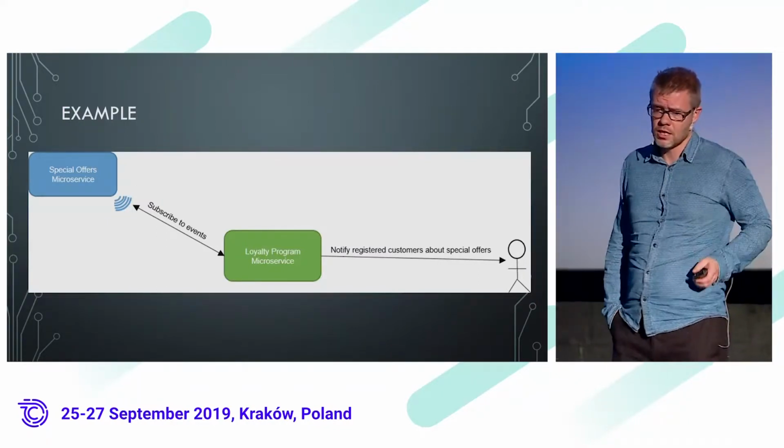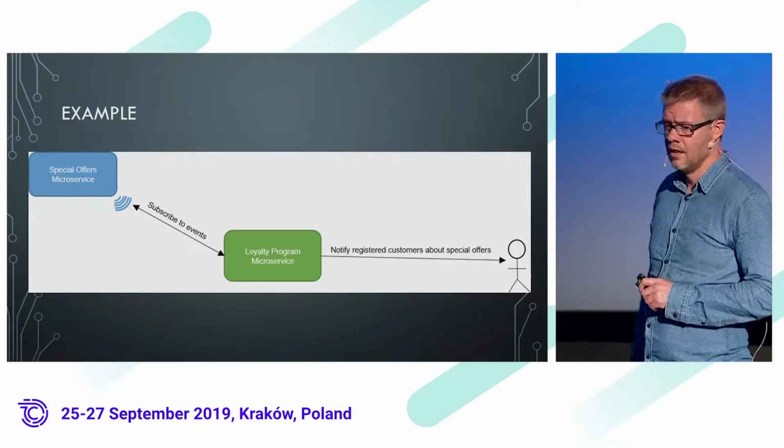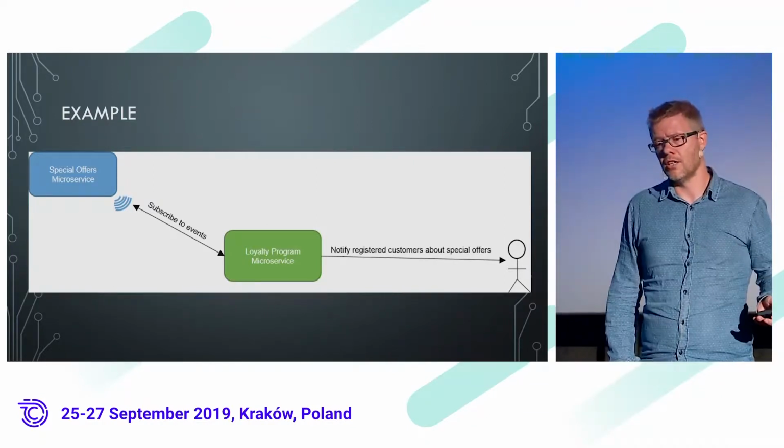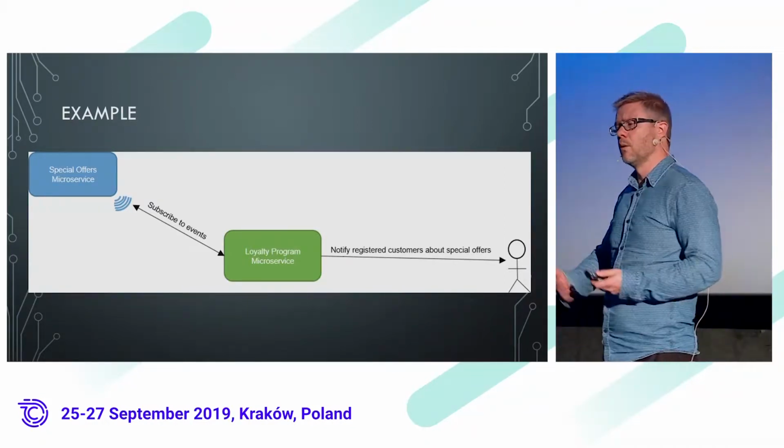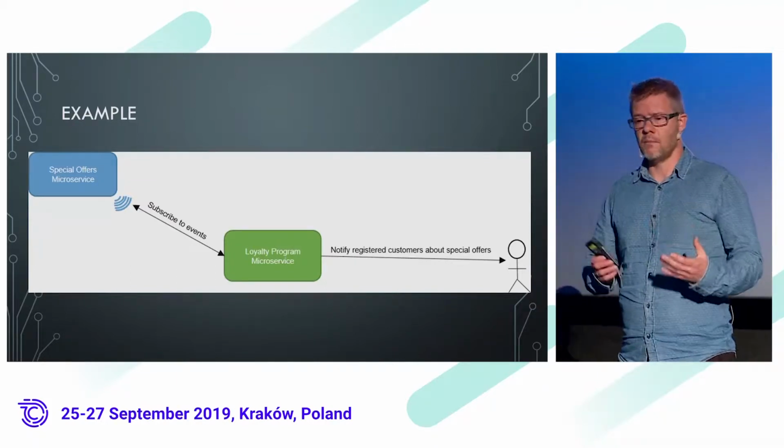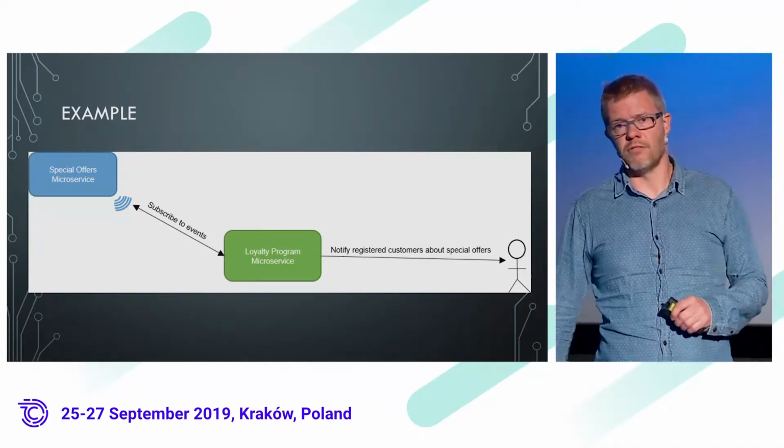We continue with this example and say that when we figure out that somebody is eligible for a special offer, we want to notify them. But maybe not. Maybe we have several ways of notifying people.